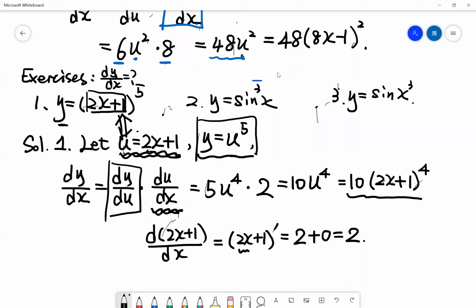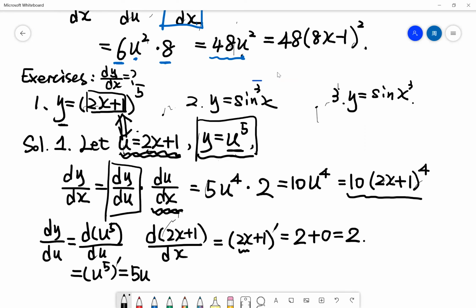How do we get 5u to the power 4? dy by du equals d(u to the power 5) by du, or you can write (u to the power 5) prime. That equals 5u to the power 5 minus 1, so 5 times u to the power 4.